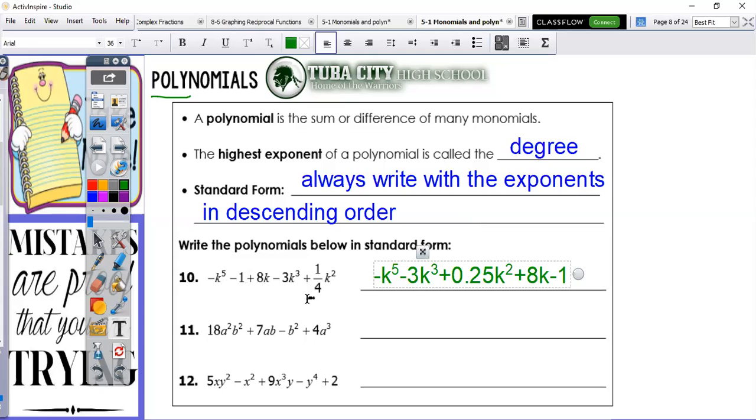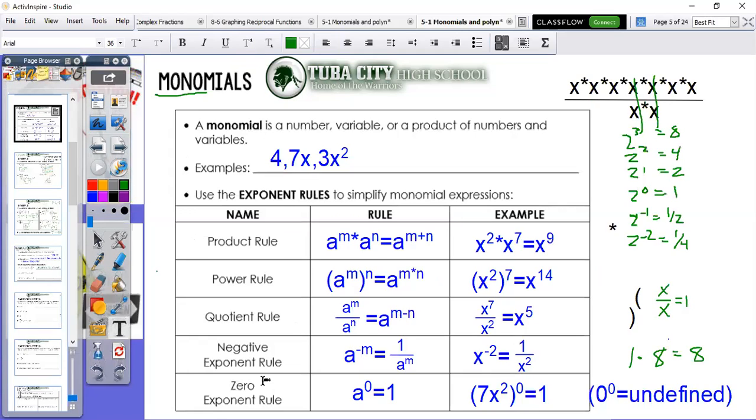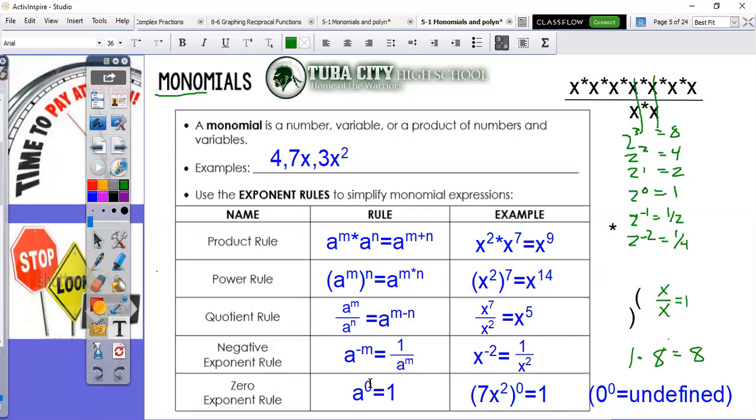Now you might be asking yourself, why is this considered a 0 power? Now, if we look at our zero exponent rule, any number to the 0 power is equal to 1. So even if I have 7x squared to the 0 power, it's always going to be 1. Now there is one exception to that, and that is 0 to the 0 power should be undefined.